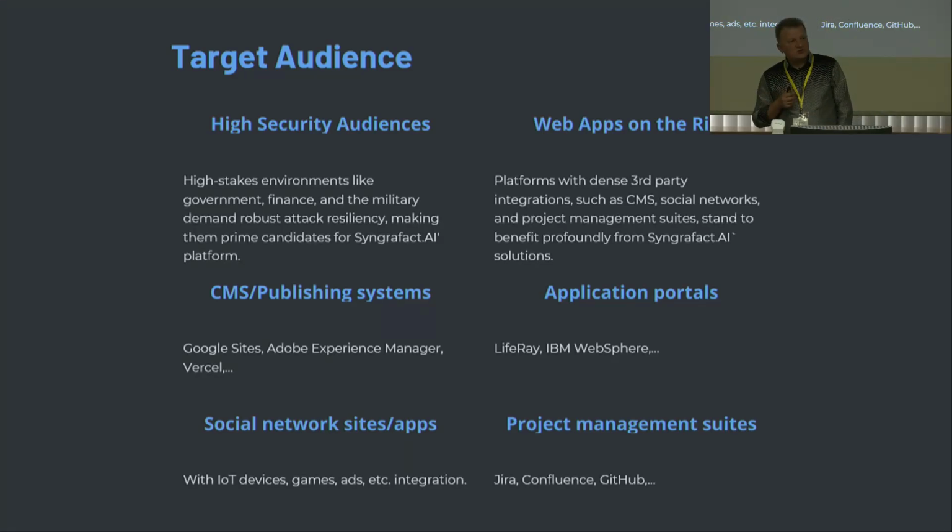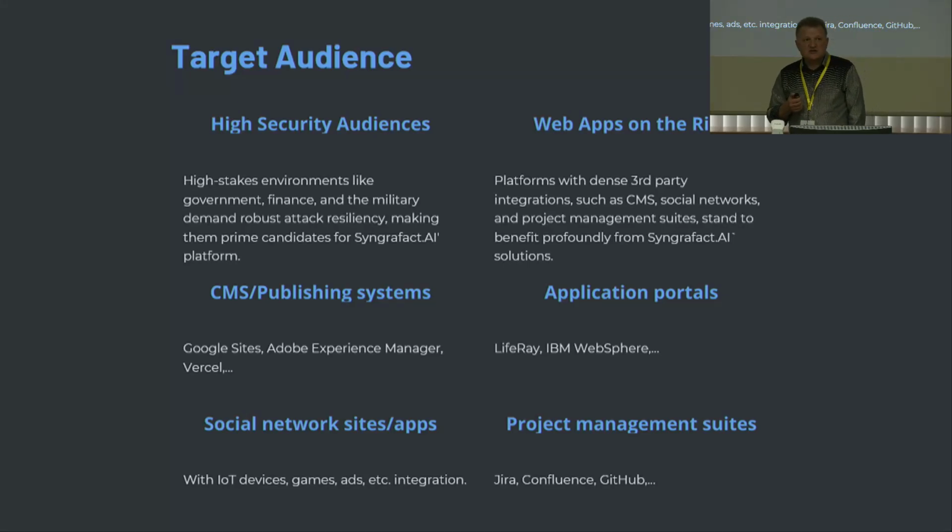The applications which would need more integration with third parties are content management systems, social networks, and project management systems. Among them are Google Sites, Adobe Experience Manager, Vercel, WordPress, Drupal, and any content management system which perhaps some of you implemented as well.